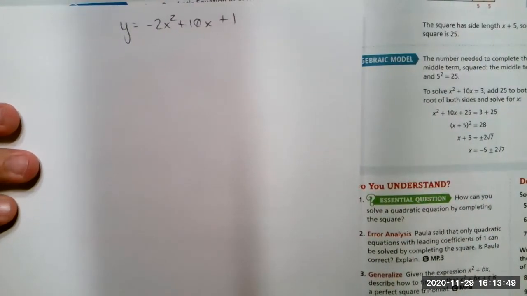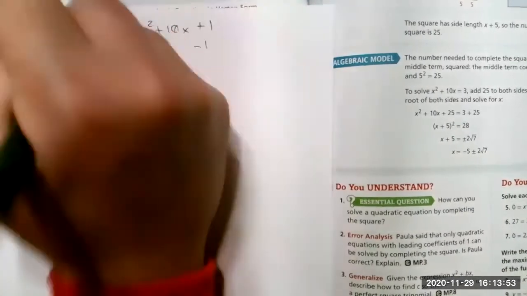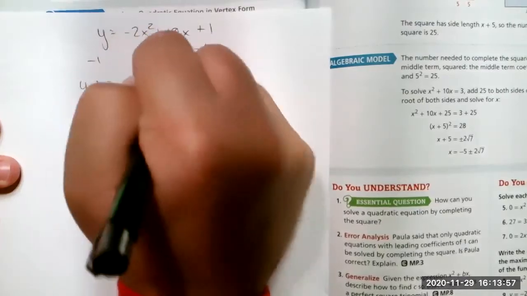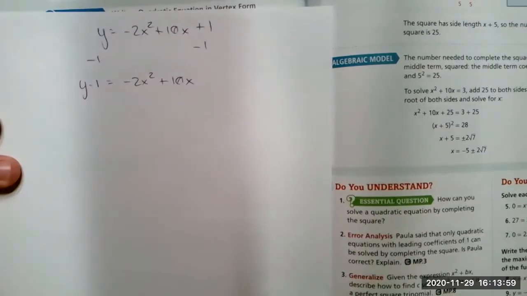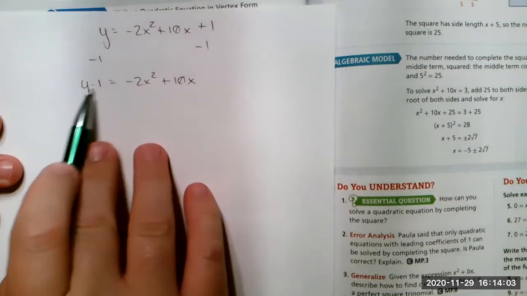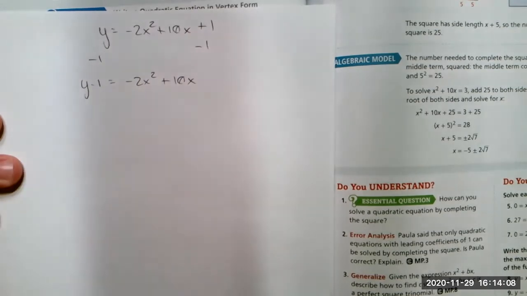So the first thing you want to do is make sure that that constant is on the other side of the equation. So I'm going to subtract 1 from both sides. Remember, I can't subtract 1 from y because those are not like terms. So it's just going to be y minus 1.